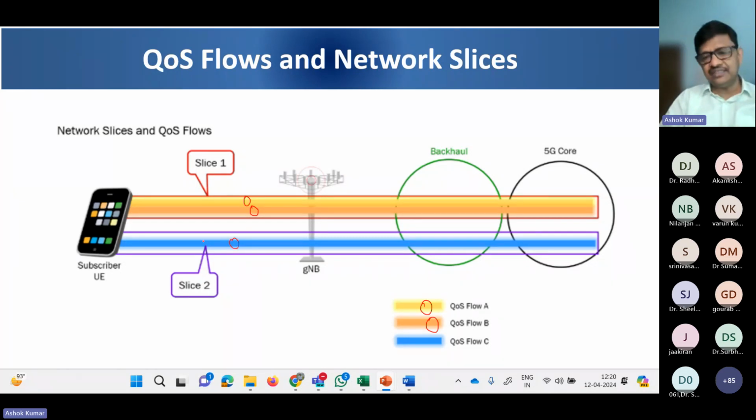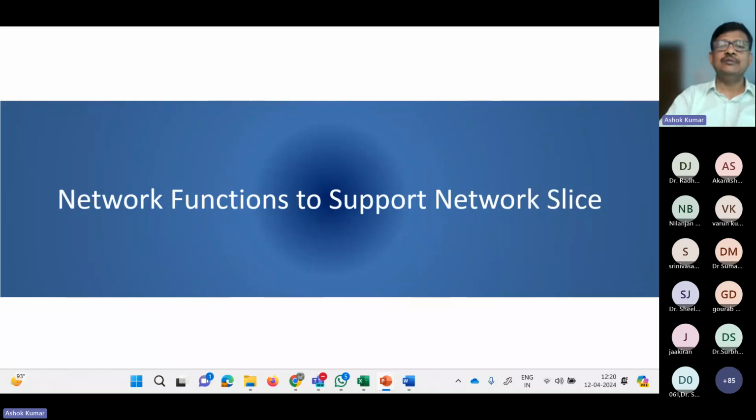So that means within the network slice also, I can have more than one quality of service requirement. I'll be serving more than one type of user. That's possible.